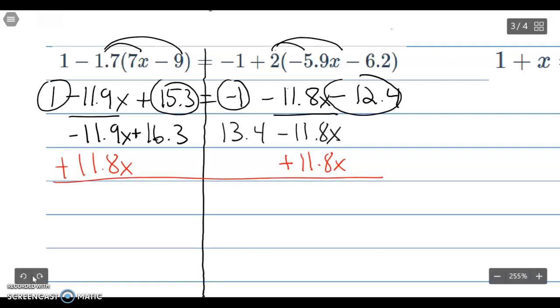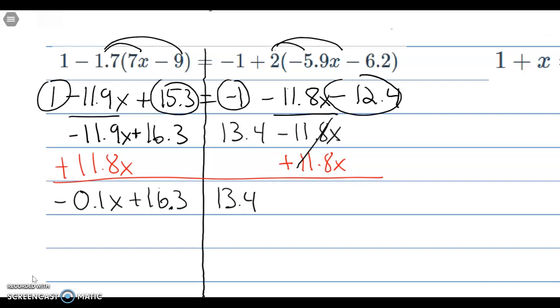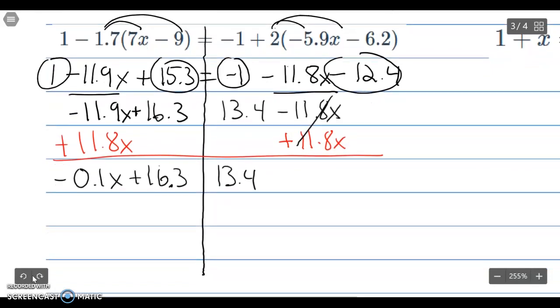On the right side, that cancels out, and it brings down 13.4. And on the left side, when I subtract this, I get negative 0.1x, and we'll bring down this positive 16.3. Next I'm going to subtract the 16.3, continue to isolate the variable here.